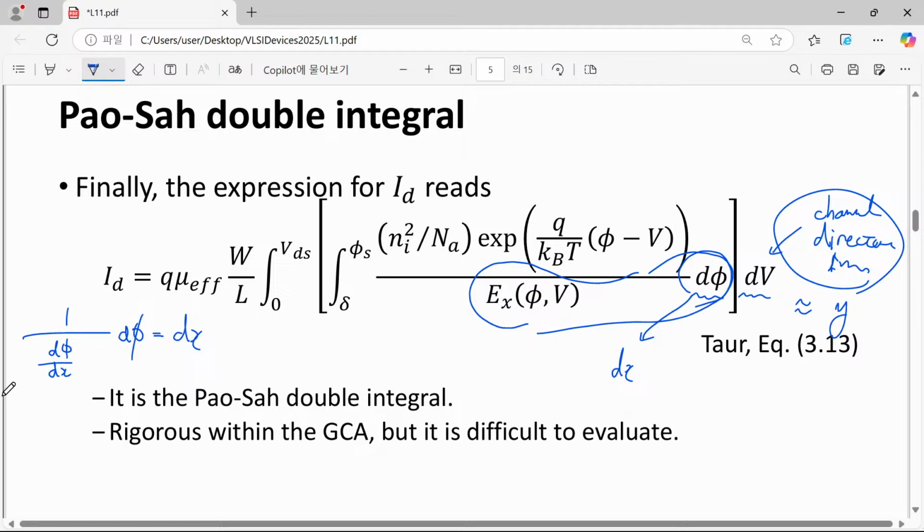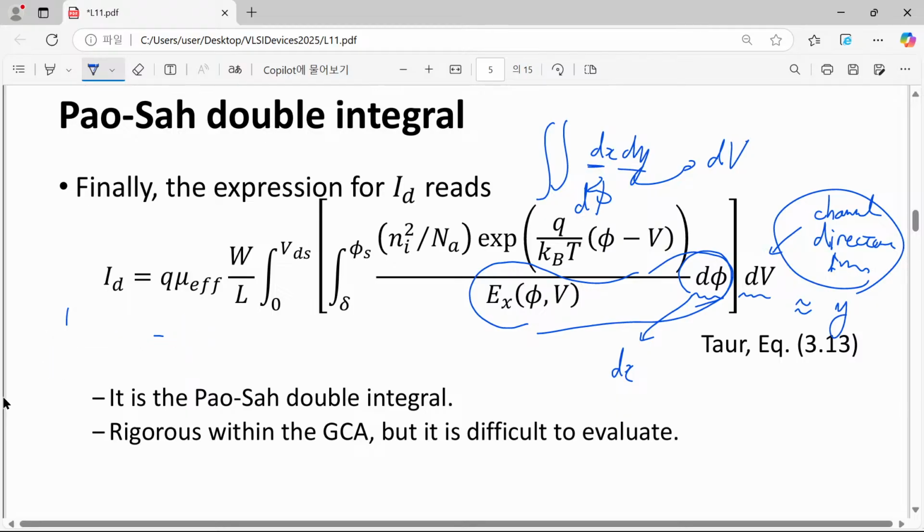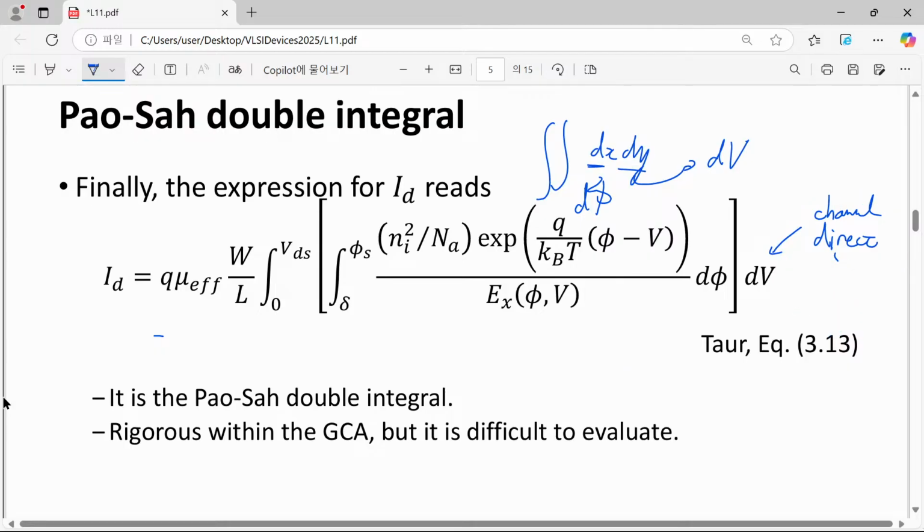Two-dimensional integration, dx over dy should be performed. However, this dy is converted into dV, and also this dx is converted into d phi. So that is the one you have right now in this quite complicated form. This is a Pausa double integral.